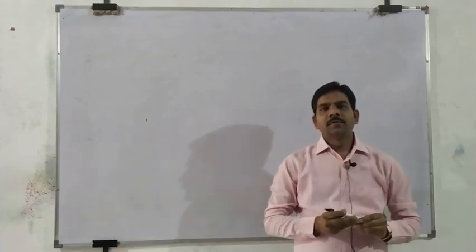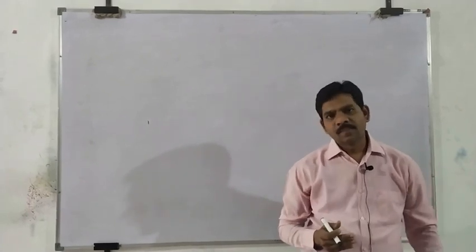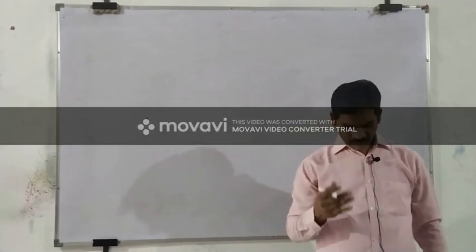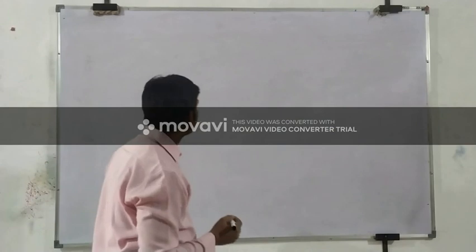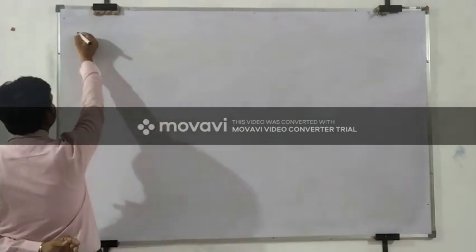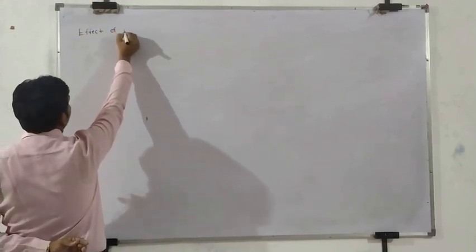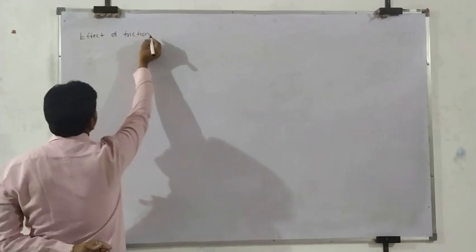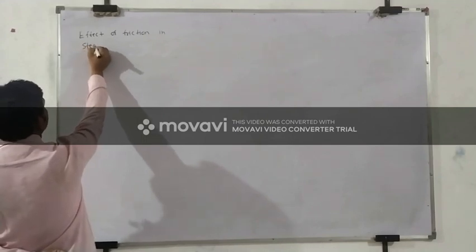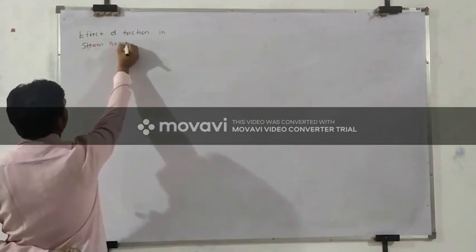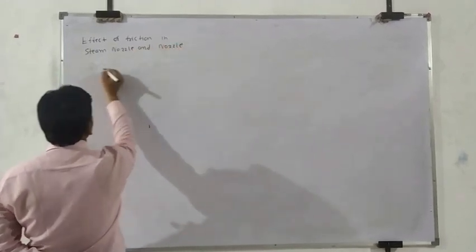So, today we have to conduct the 6th lecture of steam nozzle. Write down the name of the topic: Effect of friction in steam nozzle and nozzle efficiency.